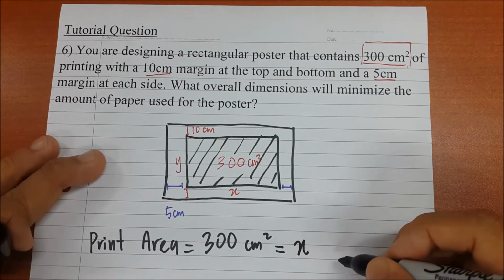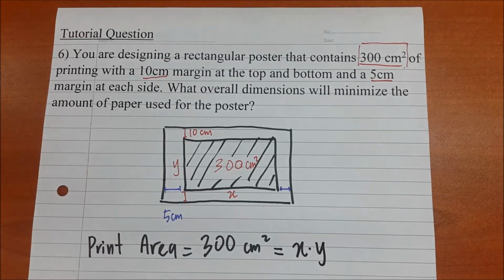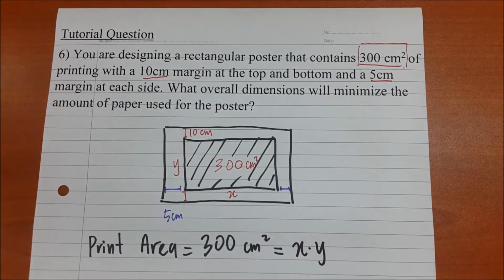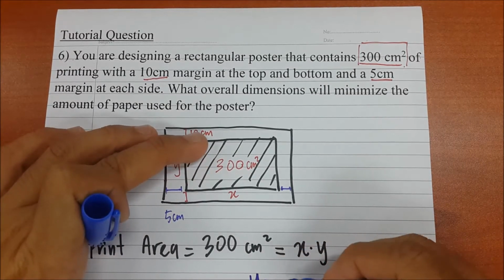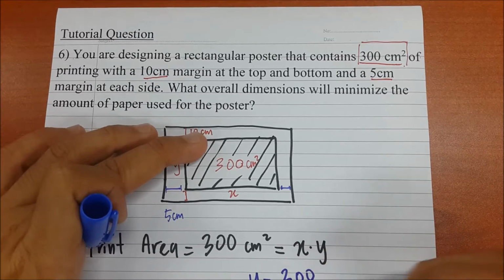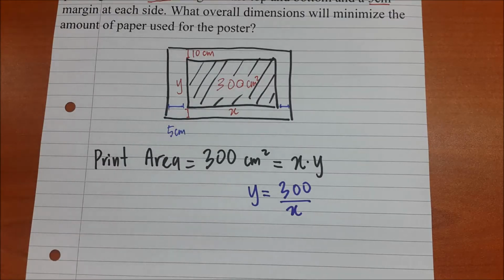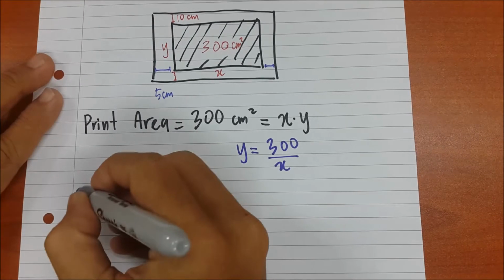So length equals X and width equals Y. From here we can solve for Y and get Y equals 300 over X. Right. So once we get Y, let's continue with finding the area of the paper.